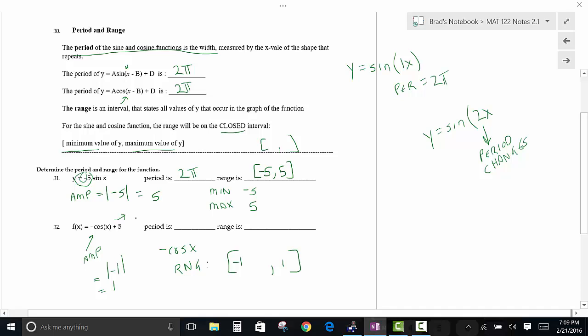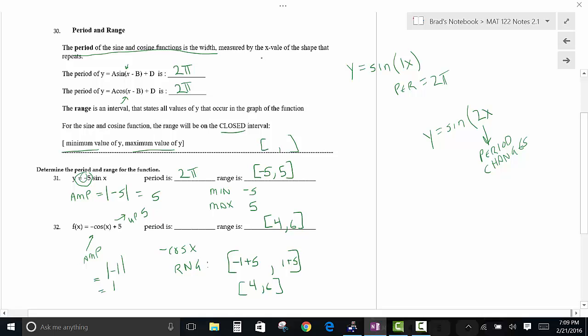But since we have this number, that 5 is moving you up 5. So we're going to move both of those values up 5. That means the new range is going to be 4 to 6. So that would be the answer to that problem. That's what the range is from that value.